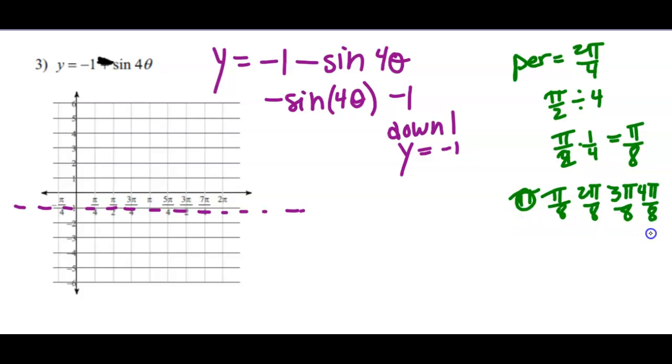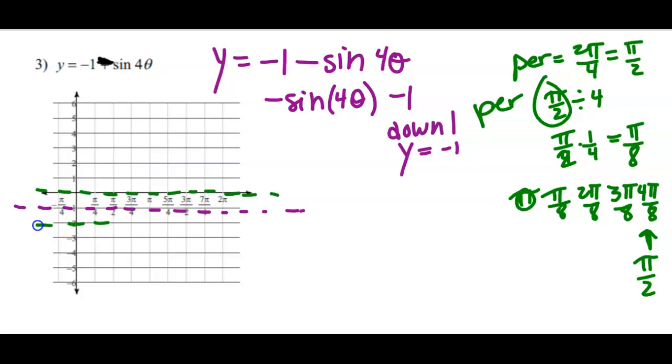So it's going to finish at 4 pi over 8, which is pi over 2, which was the period right here. Because this reduced, remember? All right. It is down 1 with an amplitude of 1. So it's going to go up to here and down to here.